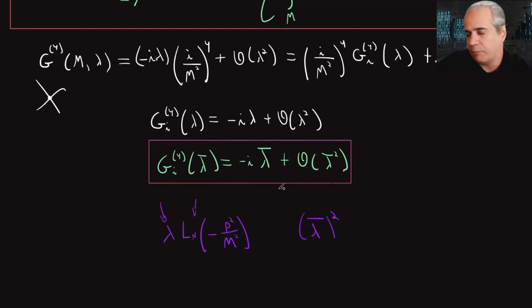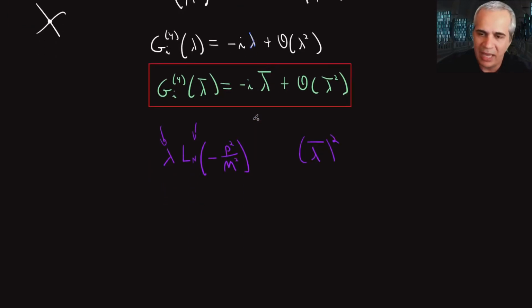Which is a more appropriate expansion for my perturbative series, and it is this running coupling, this effective coupling, whatever you want to call it. To see this more explicitly, let's see the explicit solution for lambda bar in lambda phi 4.